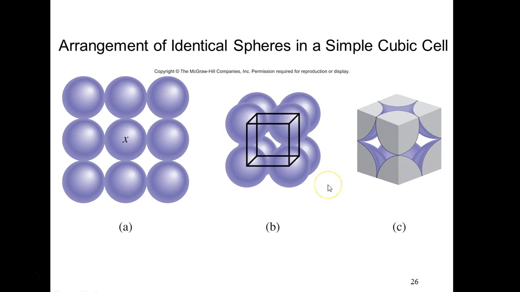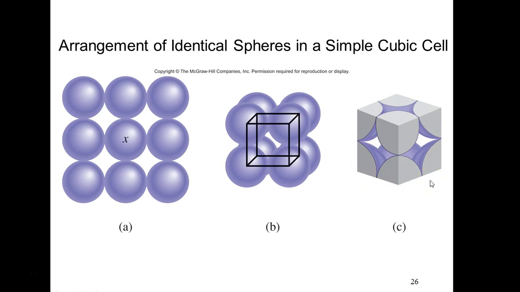Figure B gives a more accurate view of what parts of these spheres would actually make it into the unit cell. So as you can see, there's a lot of these spheres that's not even inside of the cell. In fact, in figure C, you can see that only a corner, or 1/8 of each of these spheres, actually fits into the cell.